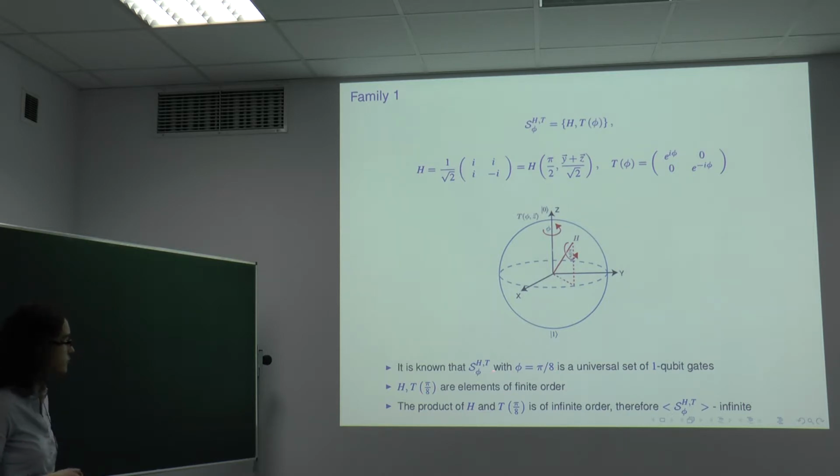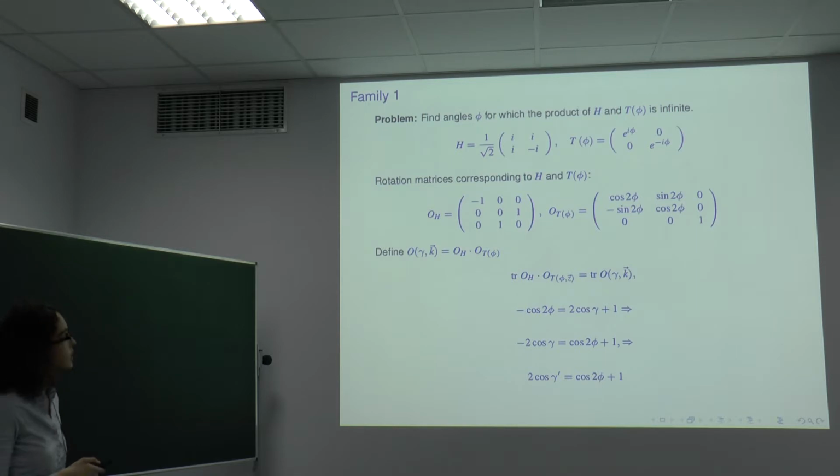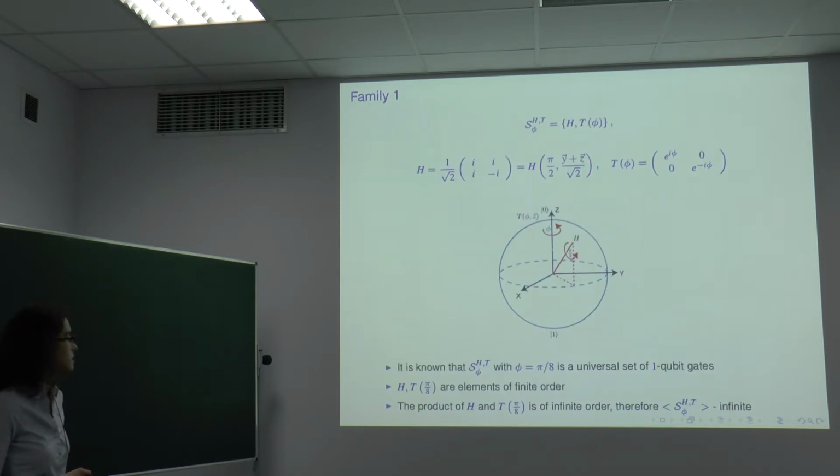However, as was proven by Chuang, the product of these gates is a matrix of infinite order, and therefore, by Bernstein lemma, the set generated by these matrices is infinite. Yes, of course, they cannot commute nor anti-commute.